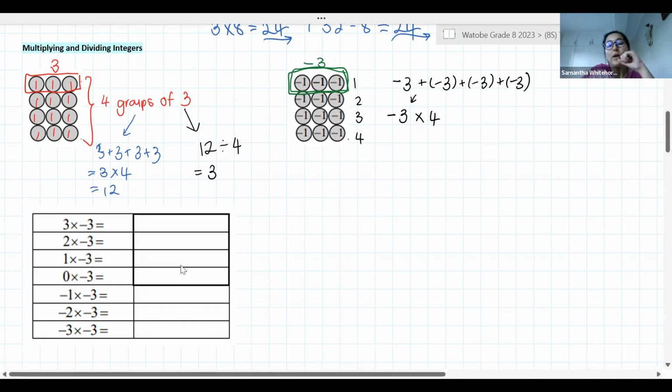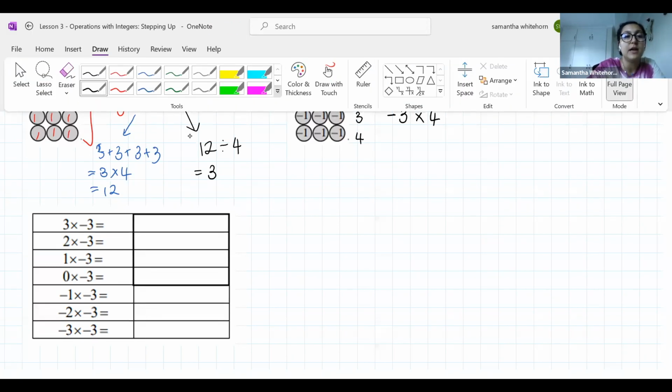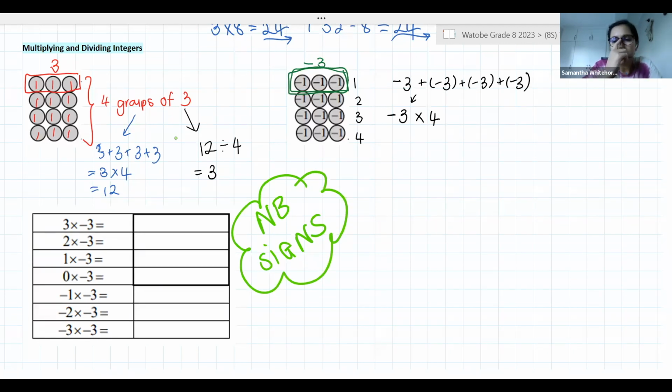Right, so when we are multiplying and dividing with integers or with negative values, the thing that we need to be careful of is signs. Now we're going to chat a lot about this as we go through the lesson, but signs are very, very important as we start to multiply and divide with positives and negatives. And so to investigate this idea, we're going to have a look at a little pattern here.